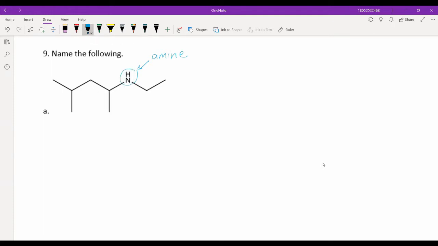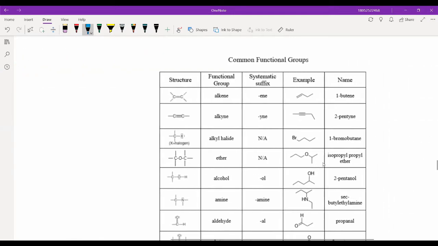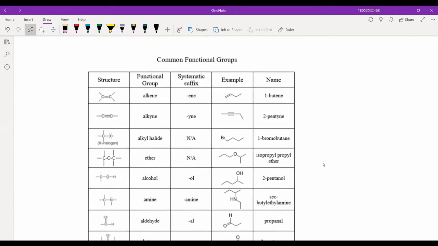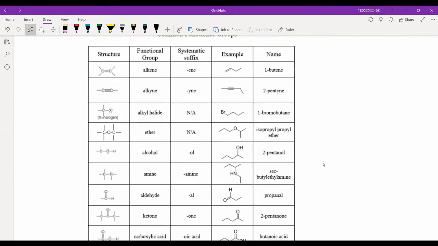And then there's two ways to name amines. As I said, systematic and common. On this table, the systematic suffix column has the correct ending here. I just want to make a note that this here is actually a common name, so in this example column, it doesn't have the systematic name.